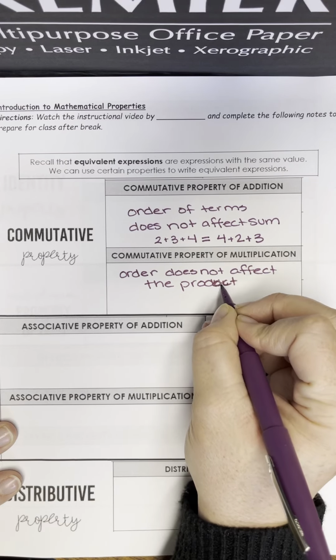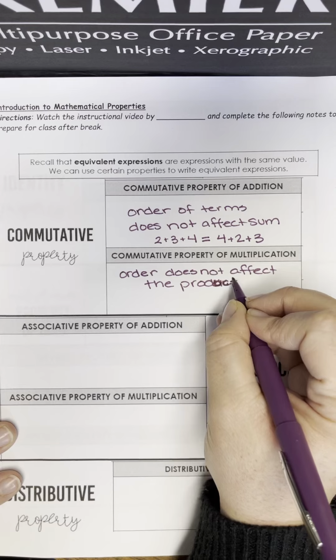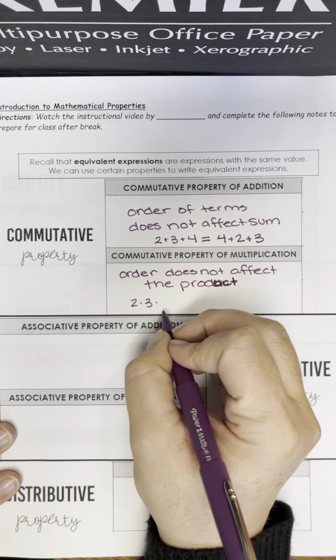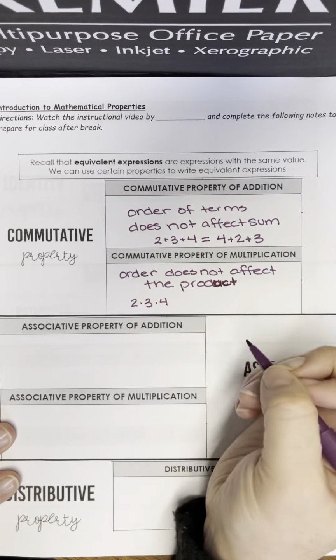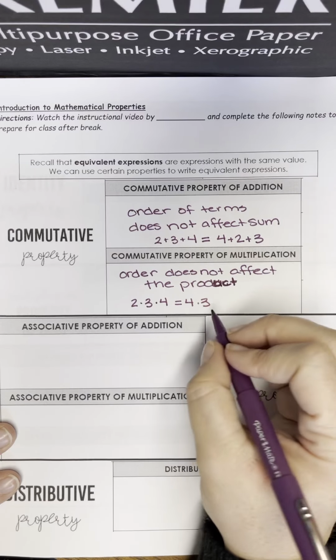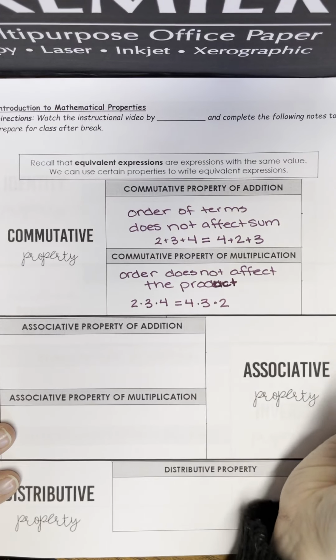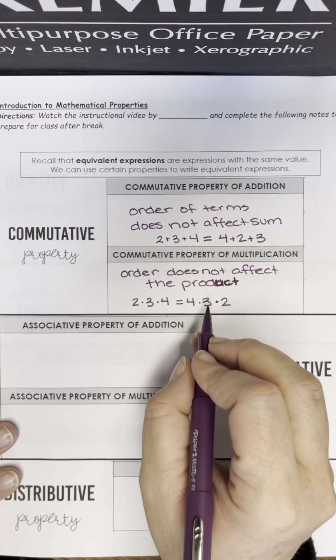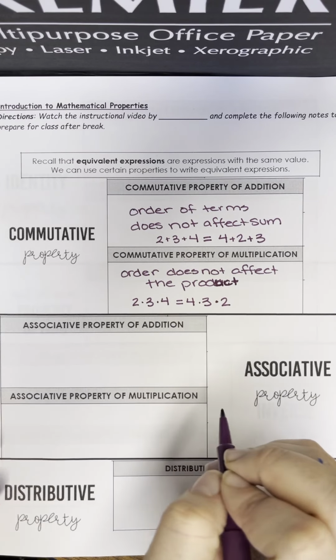Sorry, product. All right, so 2 times 3 is 6, times 4 is 24, or we could do 4 times 3, which is 12, times 2, which is also 24. So again, it didn't matter what order we put these in, they still resulted in the same answer.